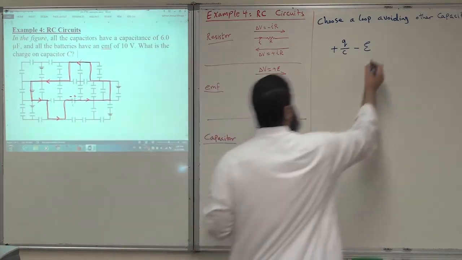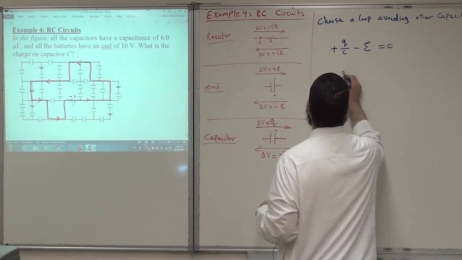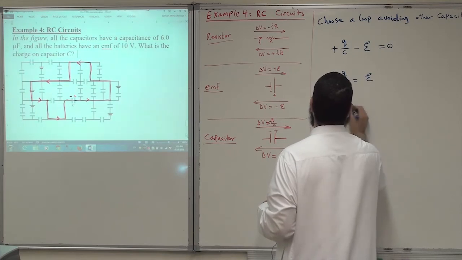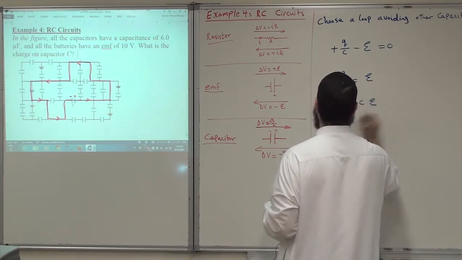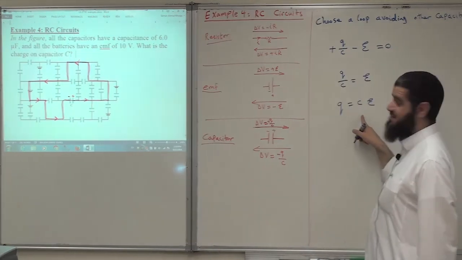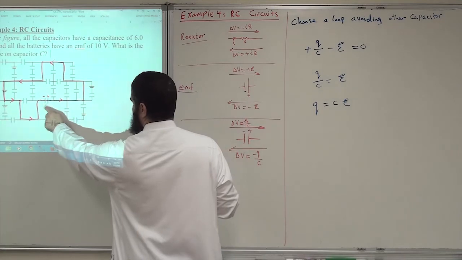I reach, so this will be 0. From here we can see that Q over C equals E, or Q equals C multiplied by E. What do you notice? Is it positive or negative? It turns out to be positive, meaning that my original choice was correct.